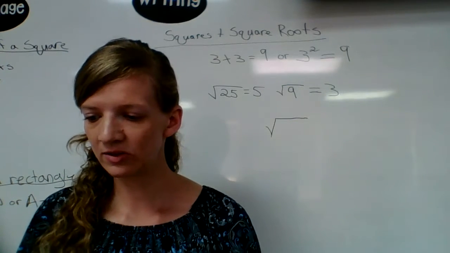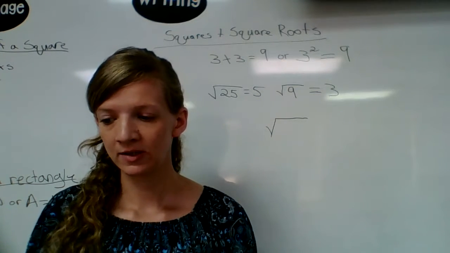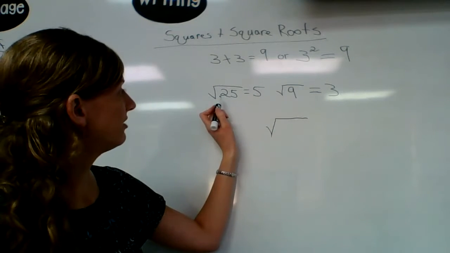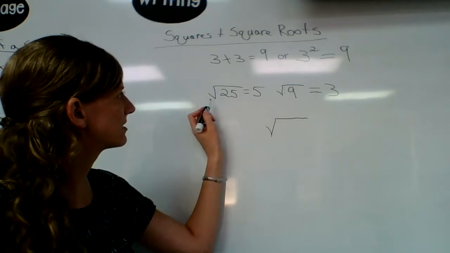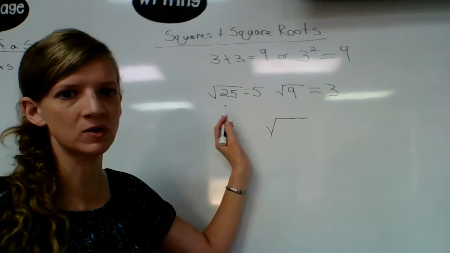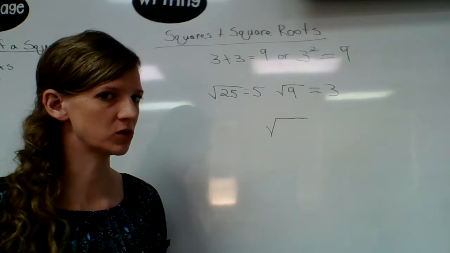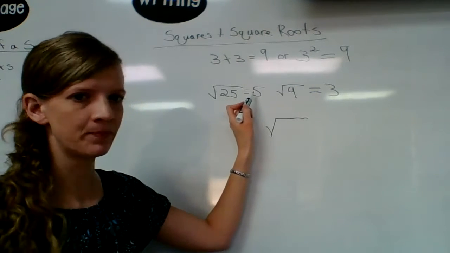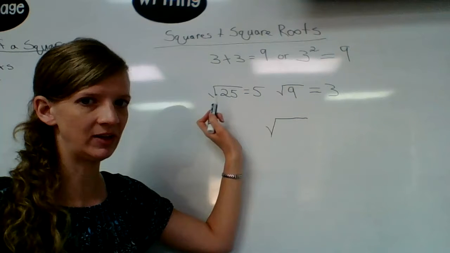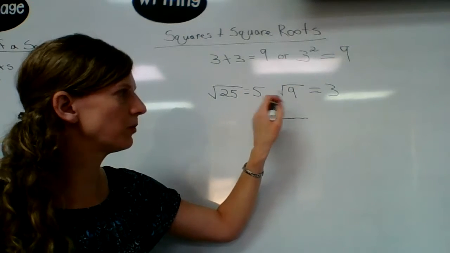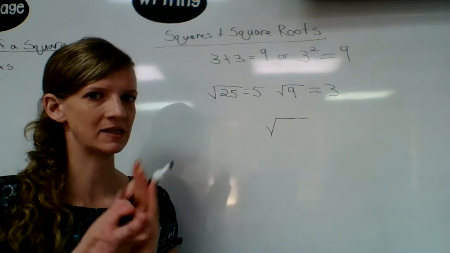And this is used to find the square root. So if I have 25, and I want to find the square root, what times what equals 25? What number times itself equals 25? I know that 5 times 5 equals 25. If I'm finding the square root of 9, I know that it's a number times itself.